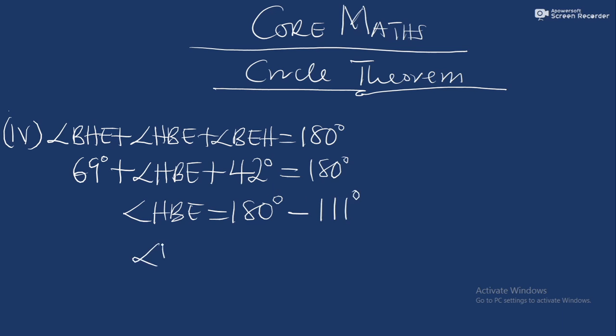So angle HBE is equal to 180 minus 111 degrees, which will give us 69 degrees. Good. So it means that angle HBE is equal to 69 degrees. Good. So let's go back.